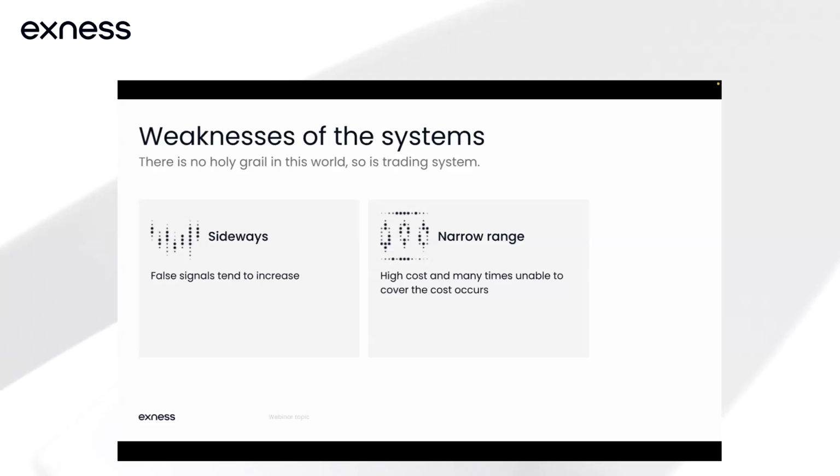So, if you remember one thing from this slide, Heikin Ashi is a fantastic tool, but only when used wisely and in the right context. Don't expect it to save you from choppy markets, poor trading planning, or trading without risk management.